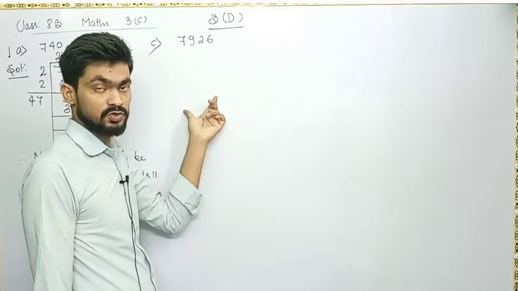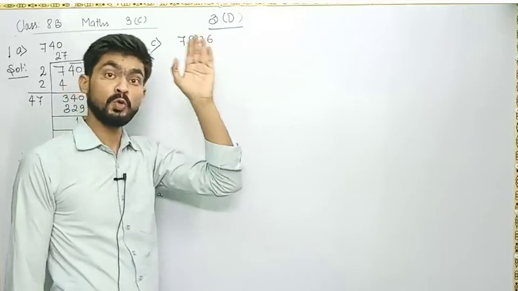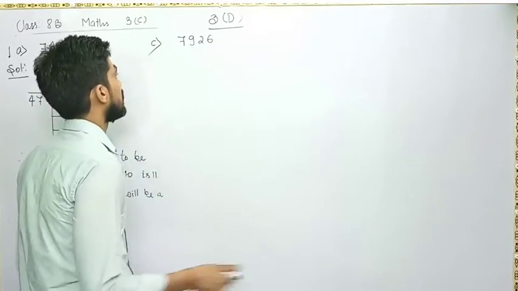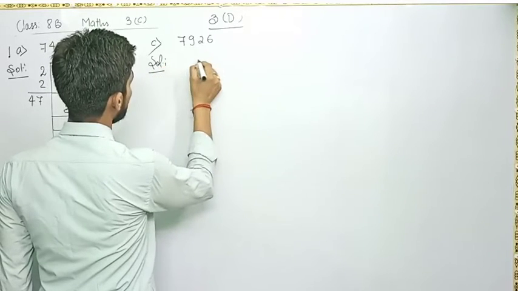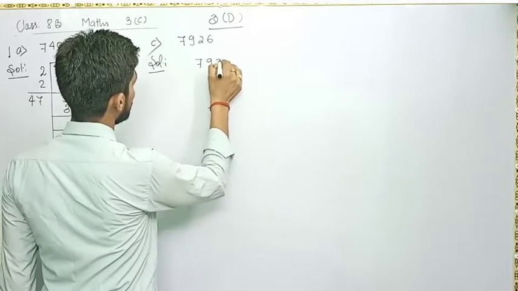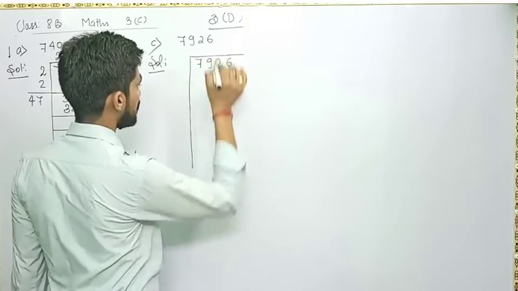Let us try to find out the number that is to be subtracted from the given number to get a perfect square. Right in the solution section. Make the pair.